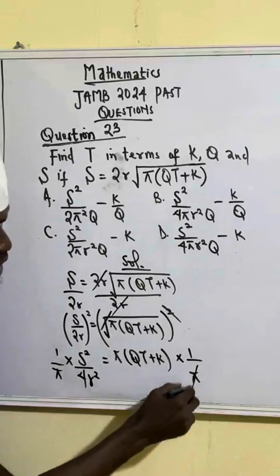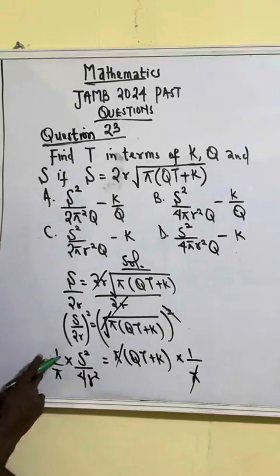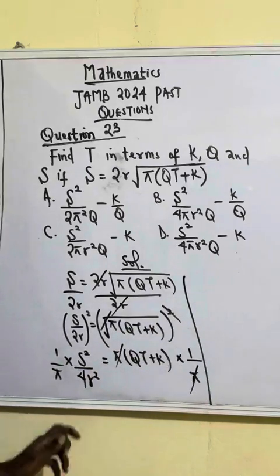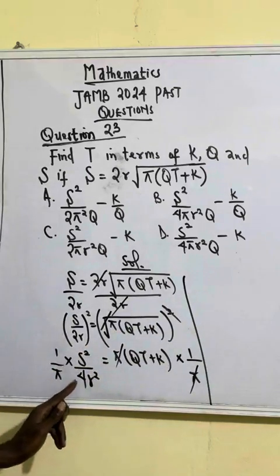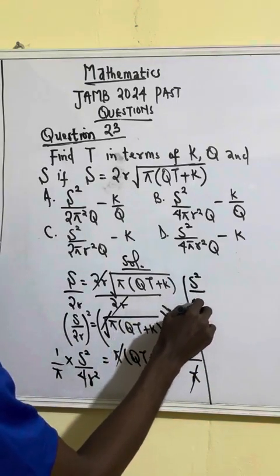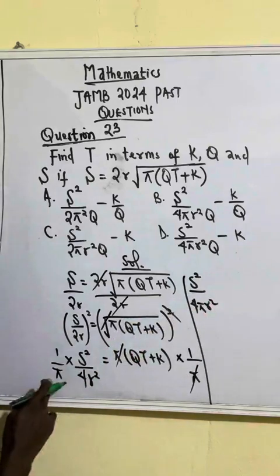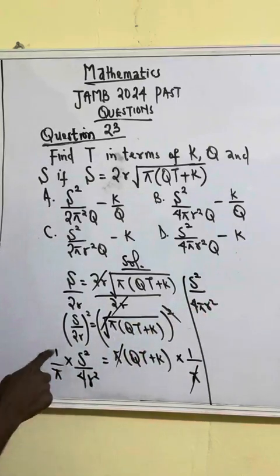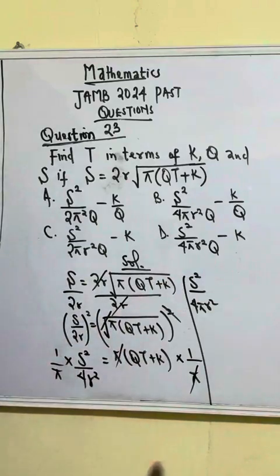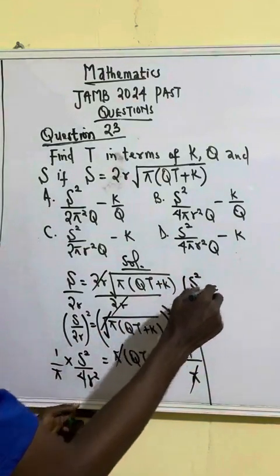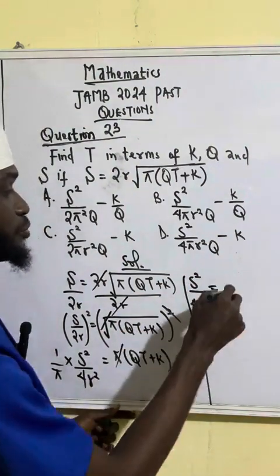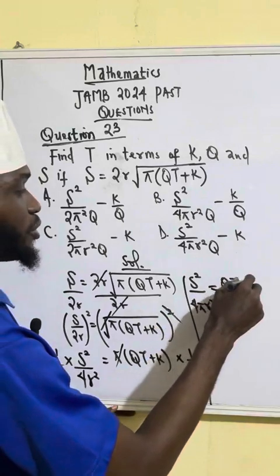So over here, pi will cancel pi, and we will be left with S squared all over 4 pi R squared. So 1 times S squared, that is S squared. Pi times 4R squared, that is 4 pi R squared. And that will be equal to, remember we don't have pi here anymore, QT plus K.